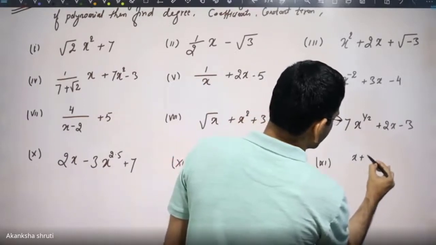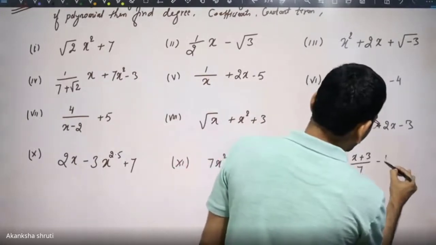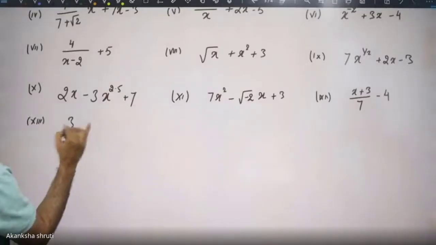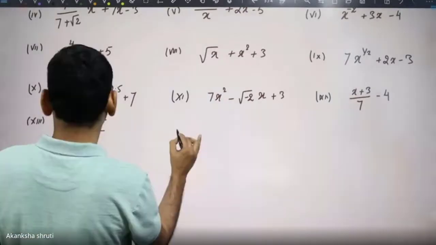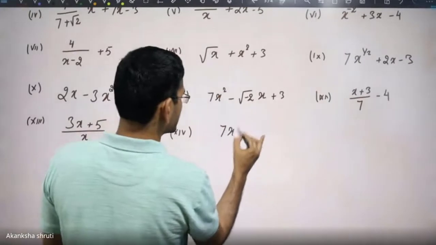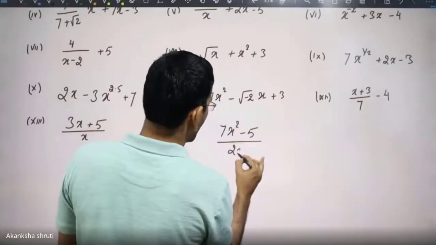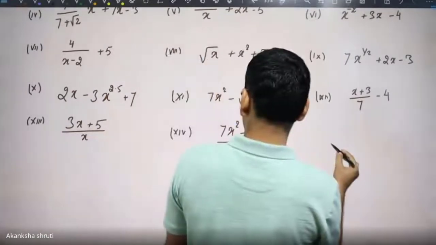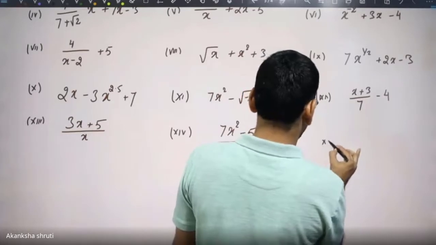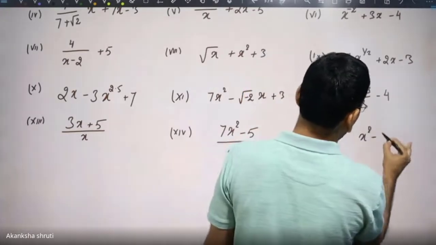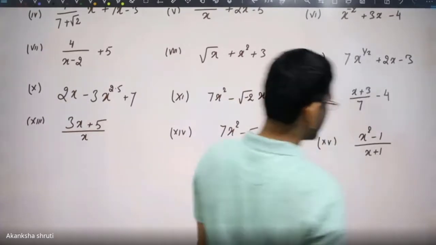The 12th one, x plus 3 by 7 minus 4. 3x plus 5 divided by x. 7x square minus 5 by 2x plus 3. The 15th one, x square minus 1 by x plus 1.